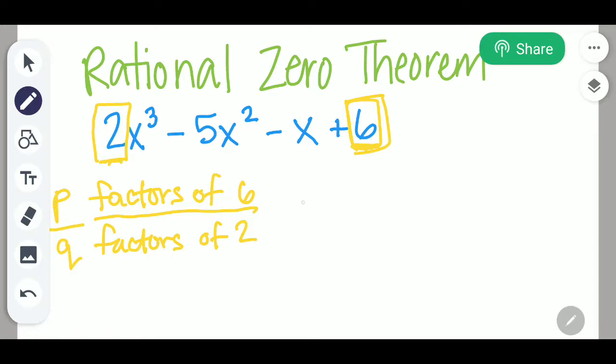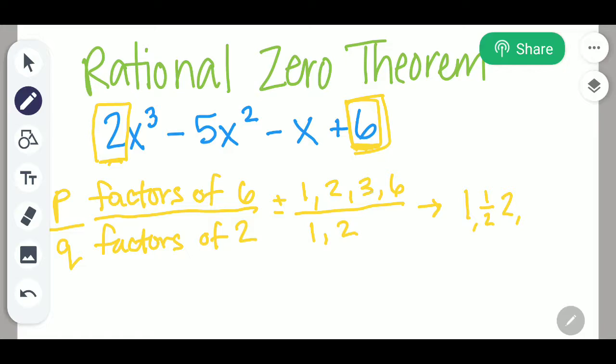So factors of 6 are 1, 2, 3, and 6. Factors of 2 are 1 and 2. So we're always going to have the positive and negative. Okay, so let's list them out. So we have 1 over 1 is 1. 1 over 2 is 1/2. 2 over 1 is 2. 2 over 2 is 1.